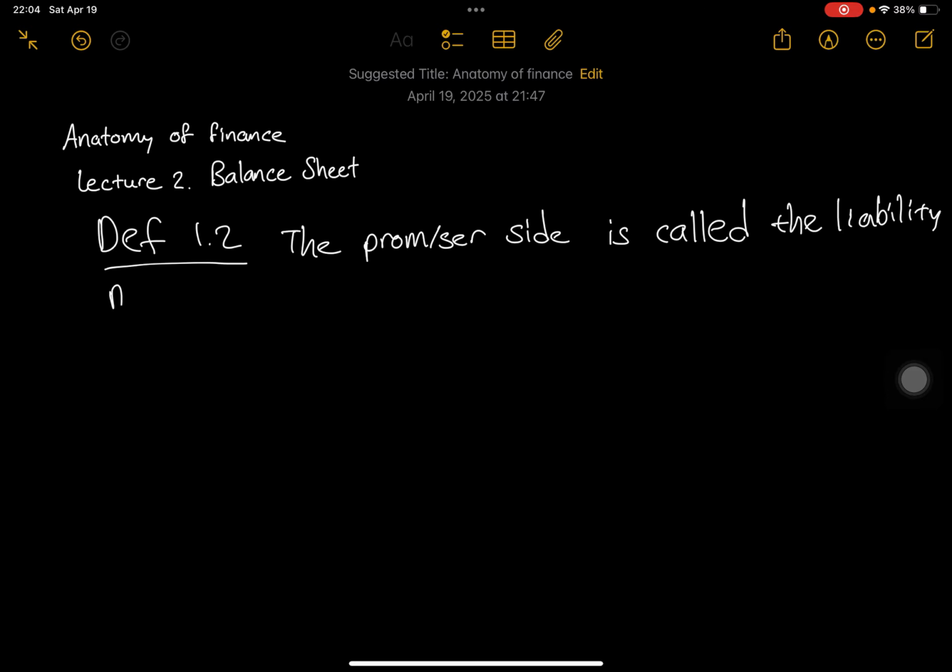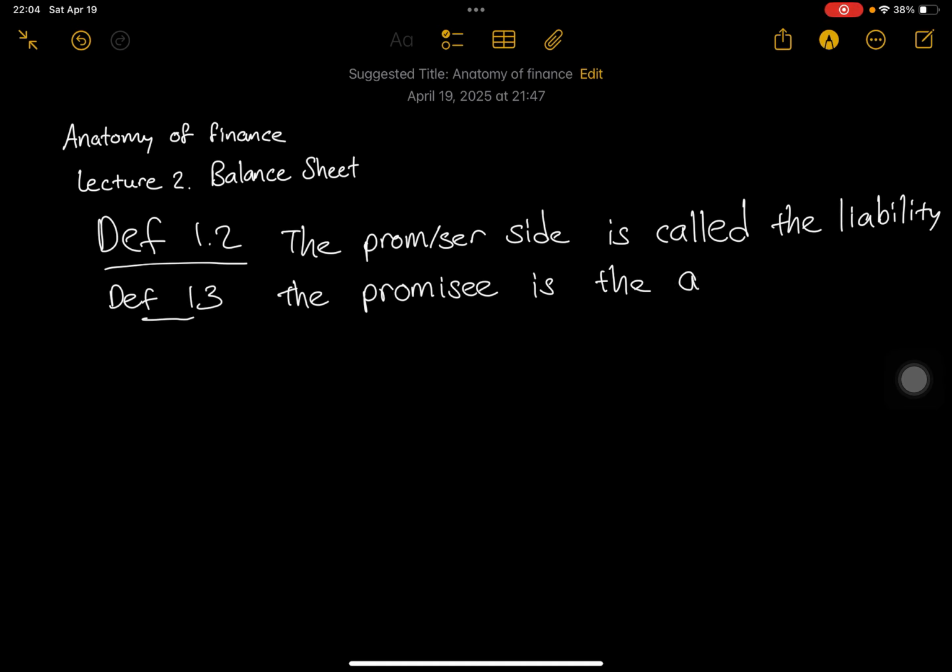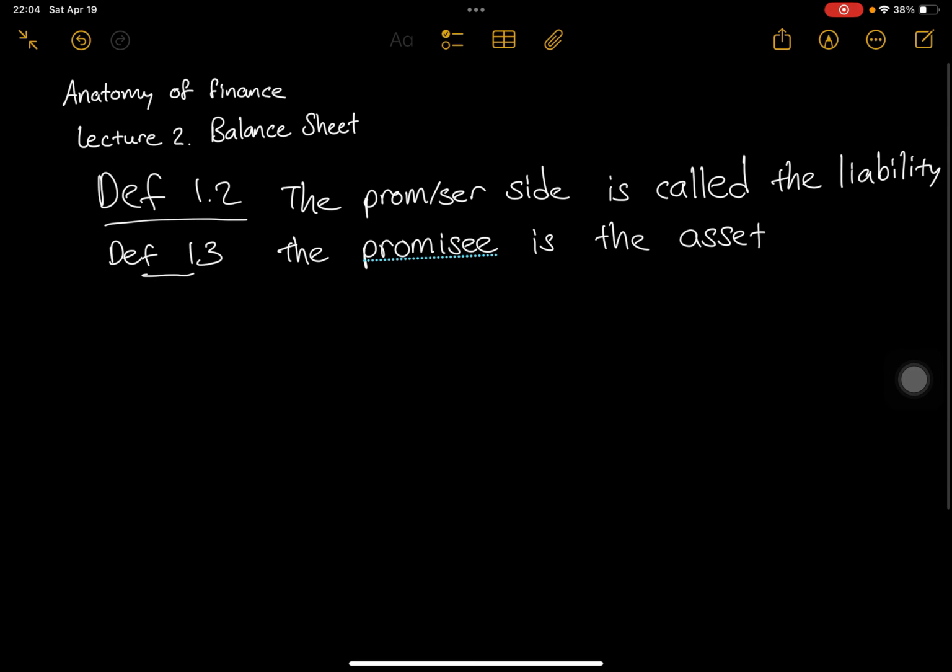And conversely, the promisee, the one being promised, is the asset. These two are the fundamentals of what is commonly referred to as the balance sheet accounting method. This seems highly technical, but I think it's worth going over some terms here.